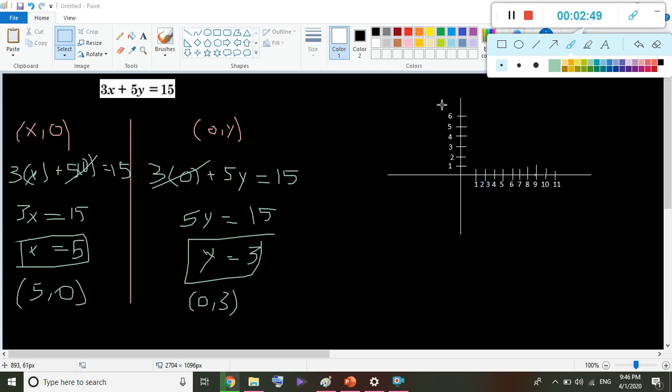When we have 2 points, we can easily graph them. So let's graph (5, 0). It's going to be 0, and here's 5. This is the first point we have. Here's the (5, 0).